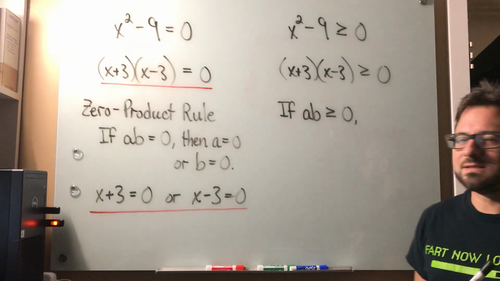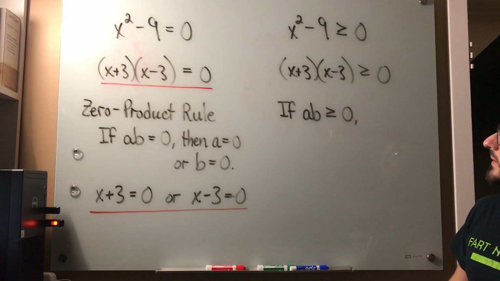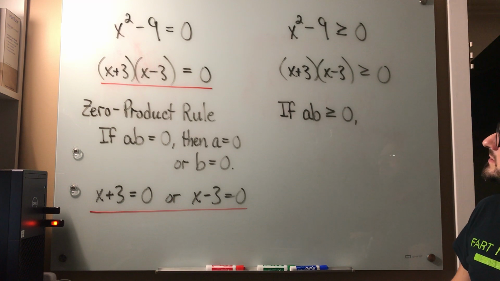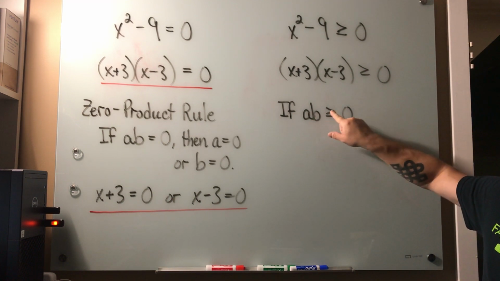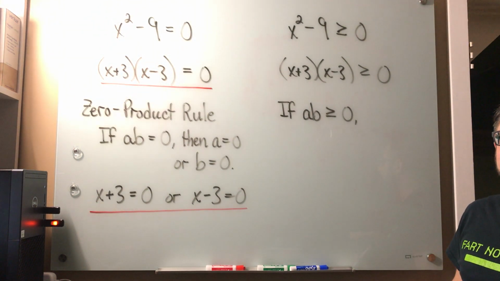Well, think about this. The product of two things has to be, well, let's just worry about the greater than at the moment. The equals part, I suppose, would still hold, but it's the greater than that we really need to worry about. If the product of two things is greater than 0, another way to say that is that the product of the two of them has to be positive.